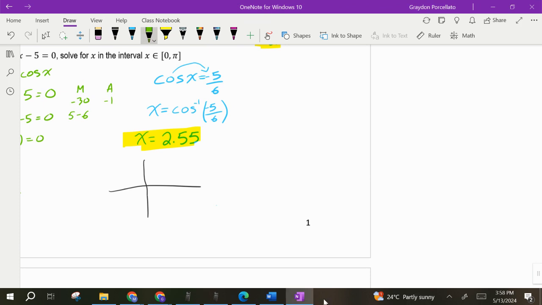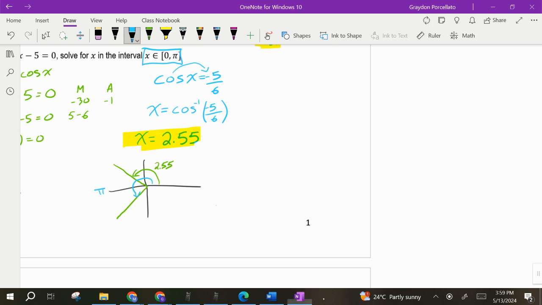Cos is negative here and here, right? So this angle here is 2.55. Now, my other solution would be this angle here. But notice in the question that it wants my solutions between 0 and pi. That blue angle is bigger than pi. So that is not going to be a solution. Okay? So we're done. So that's my only solution there.